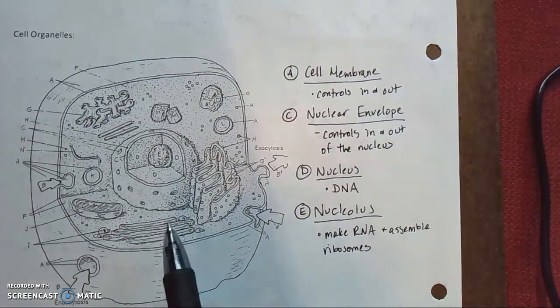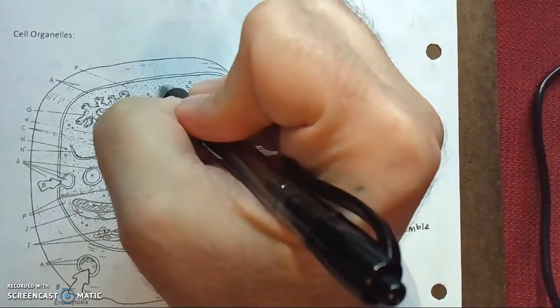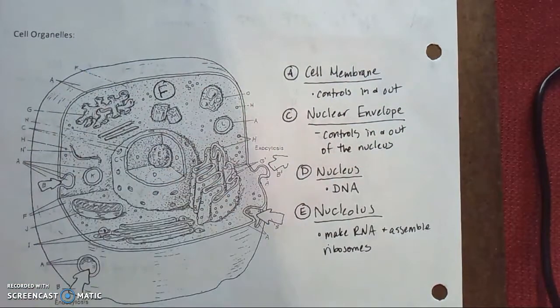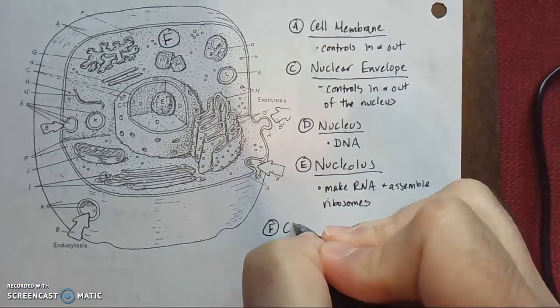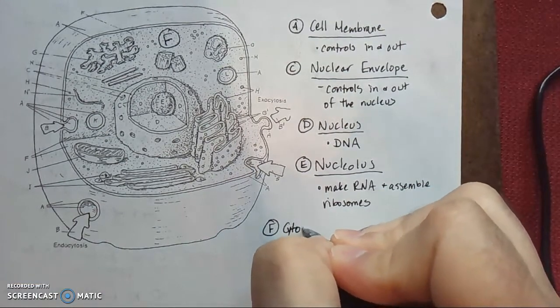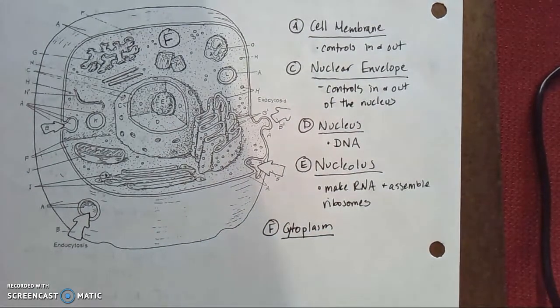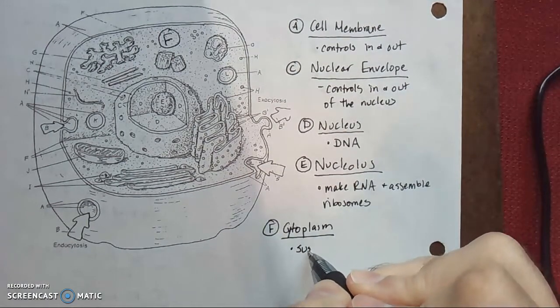Letter F, which is all of this substance here. It's kind of hard to see the arrow going in there, but letter F is the cytoplasm. Sometimes it's referred to as the cytosol. We also said that there's intracellular fluid in there. So this suspends organelles.